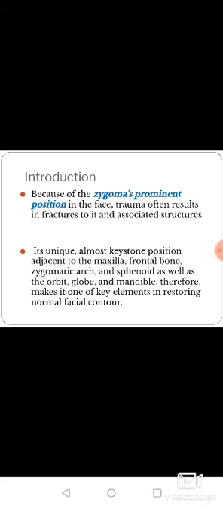And I told you, since it's a very common and keystone position adjacent to the maxilla, if there's any impact onto the face, usually the zygomatic bone is the first one that gets involved, associated with all other bones, that is your frontal bone, your globe, and that's why it's very important to restore the facial contour, because the zygomatic bone is very prominent, and unless that is restored, the facial contour will not be acceptable.